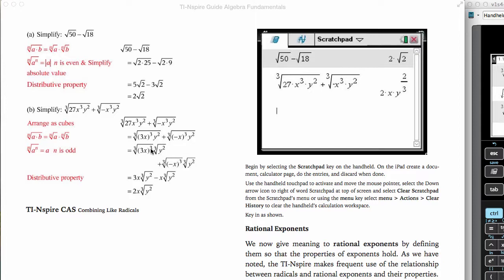Then we'll simplify this cube root y squared into this answer. We'll simplify this cubed into this answer, so the add becomes subtract.